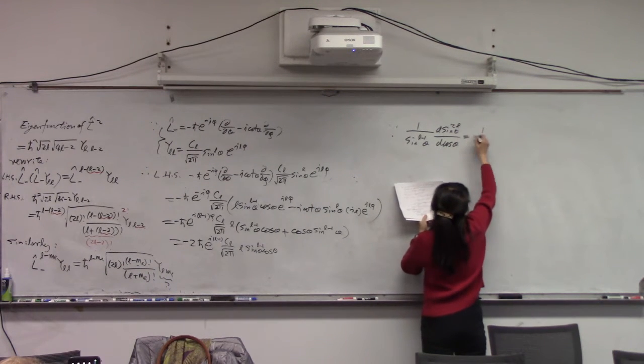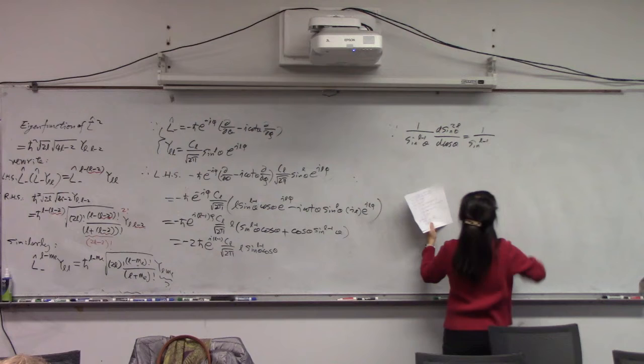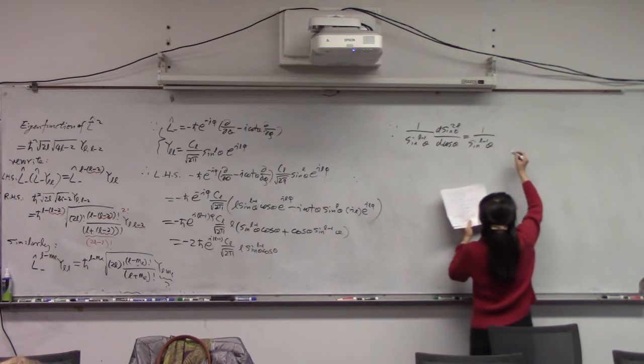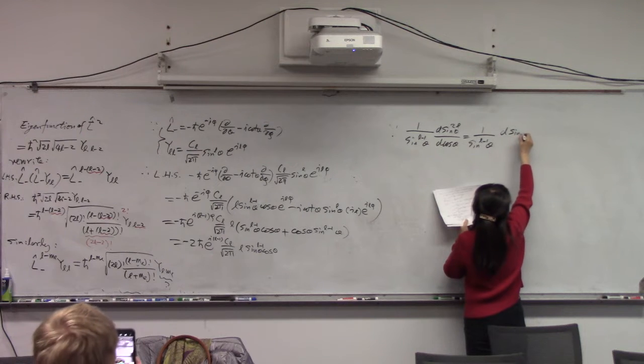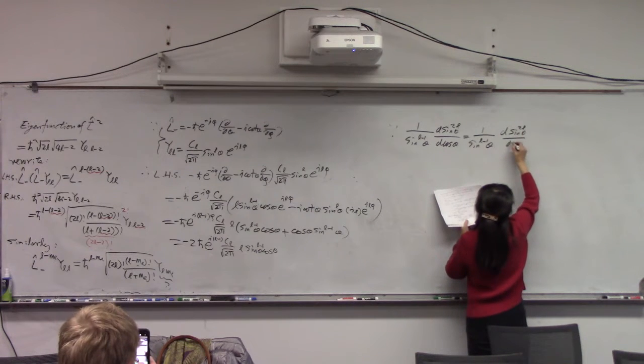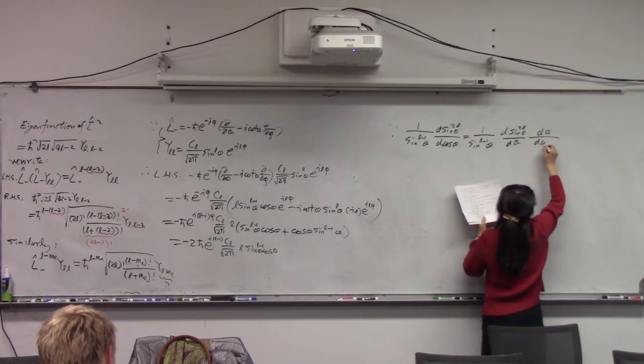I keep this first term here. Oh, sorry. Theta. And now here I replace d sine theta^(2L) over d theta and d theta over d cosine theta, right?